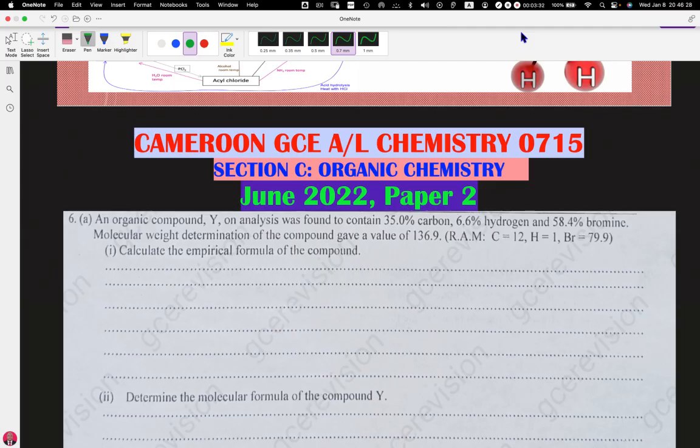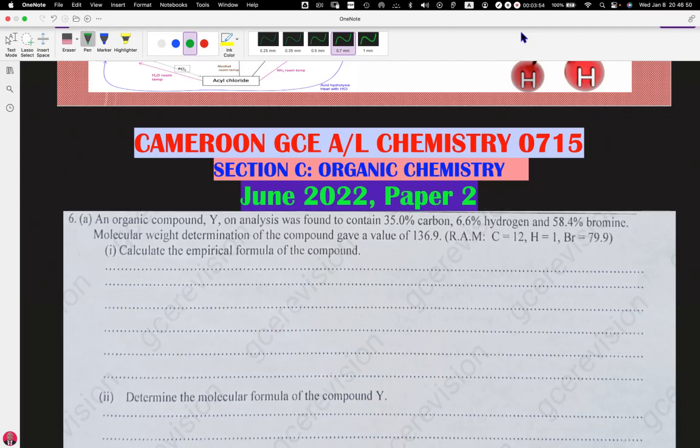In calculating the number of moles, moles will be equal to the given mass, which is the percentage we are going to be using, divided by the relative atomic mass. We'll have the number of moles, and from there we have the molar ratio, and the empirical formula is the simplest one.